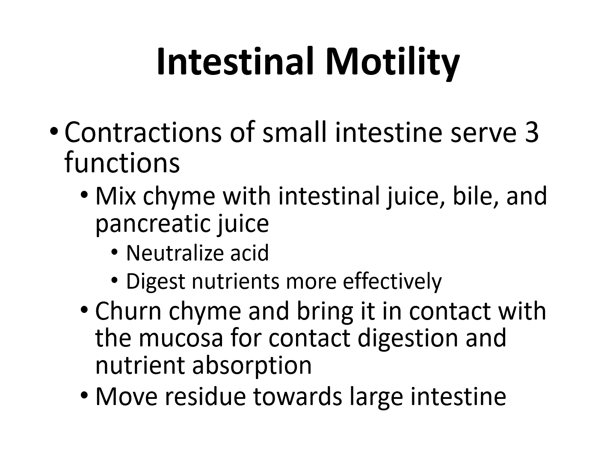And as we churn that chyme, we're going to bring it into contact with that mucosa layer for the contact digestion that we were talking about. We need the chyme to contact the brush border because those enzymes are not secreted out. So for final breakdown of the nutrients, we need them to come into contact with the mucosa layer.